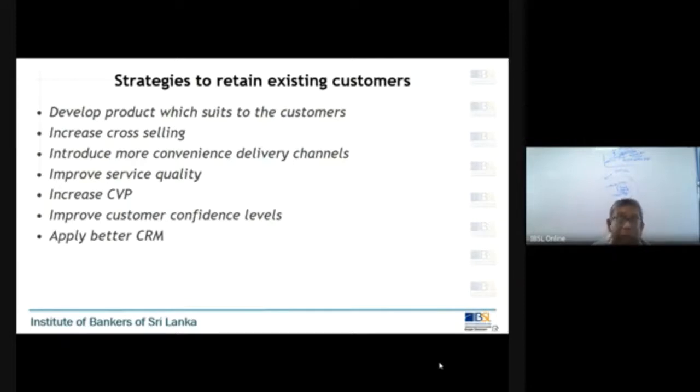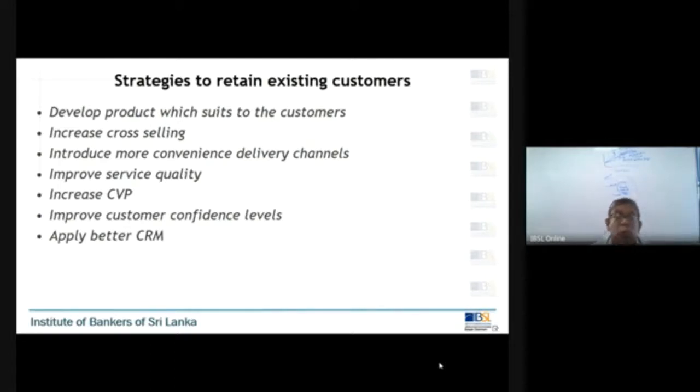So every organization tries to improve its customer value proposition, giving something extra, beyond the product: after-sales service, follow-up, things like that. Okay, CVP, customer value proposition.